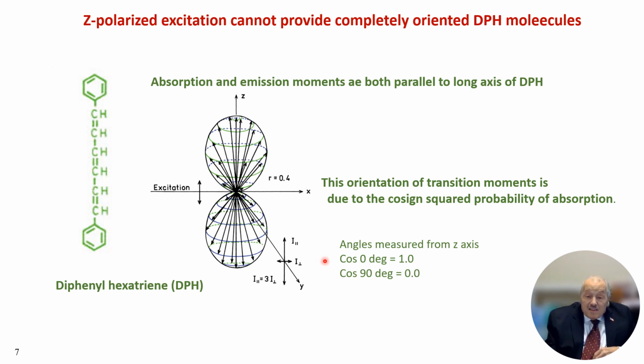The orientation is due to the cosine squared probability, where the angle goes from the z-axis. So when the angle is 0, the cosine is 1. And if they're perpendicular, the cosine is 0. There's no intensity along that axis.